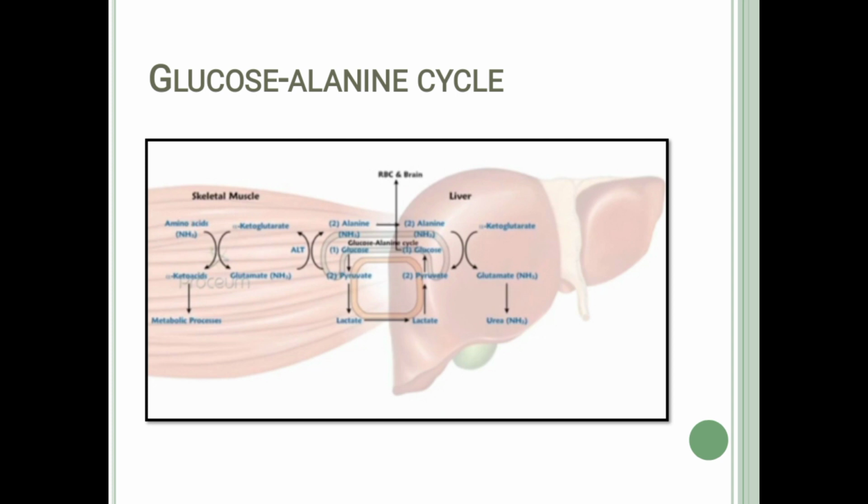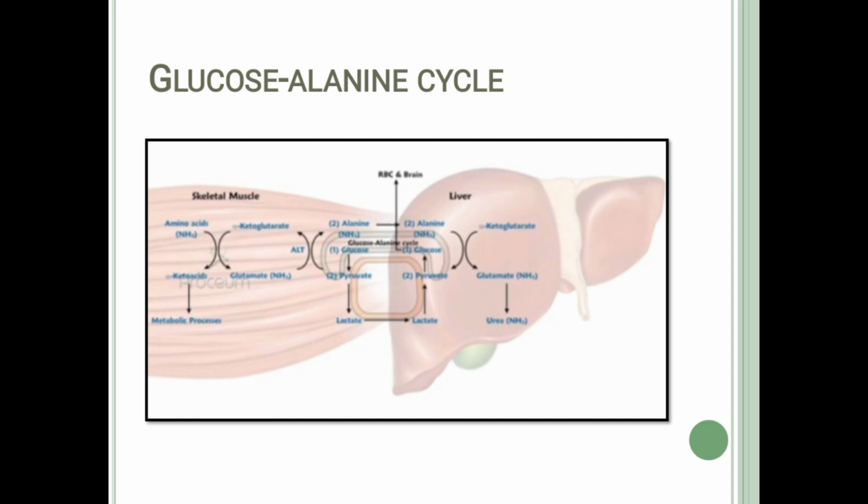Alanine in the hepatocytes undergoes a transamination reaction with alpha ketoglutarate, where it gives its amino group to alpha ketoglutarate to become glutamate, and alanine itself is converted to pyruvate because it has donated its amino group to alpha ketoglutarate, and alpha ketoglutarate is converted to glutamate.